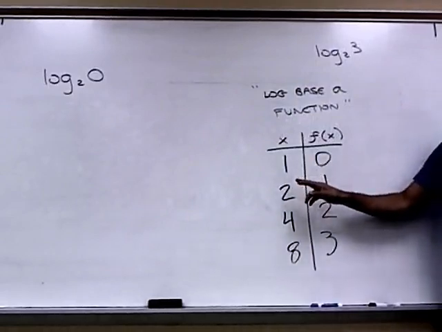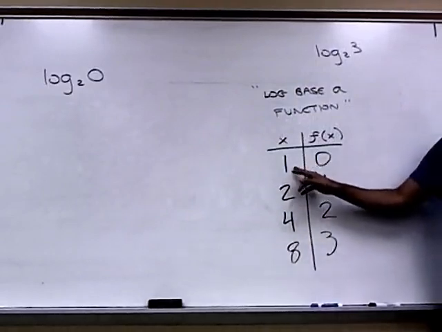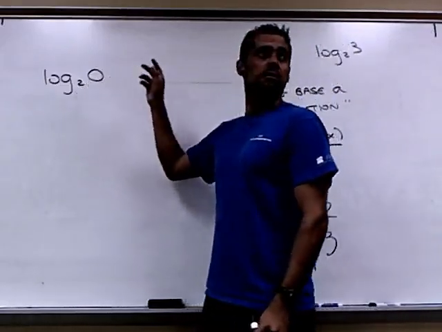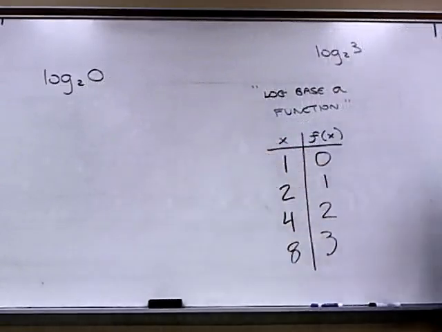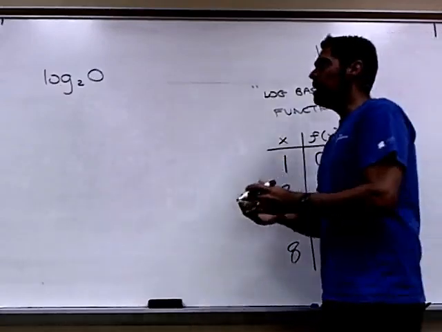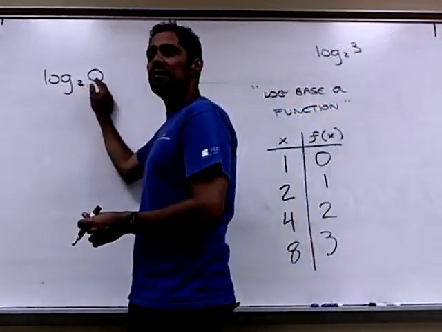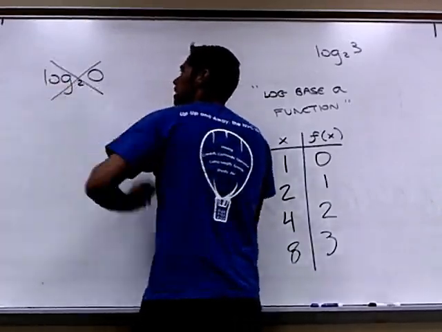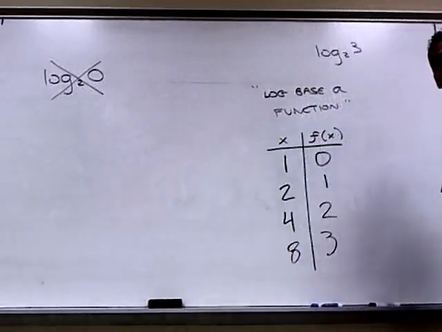When we plugged in 1 in there, right? 2 to the what gives you 0? It's not possible, okay? It's not possible to raise 2 to a power and get 0. This cannot happen, right? So this cannot be computed.